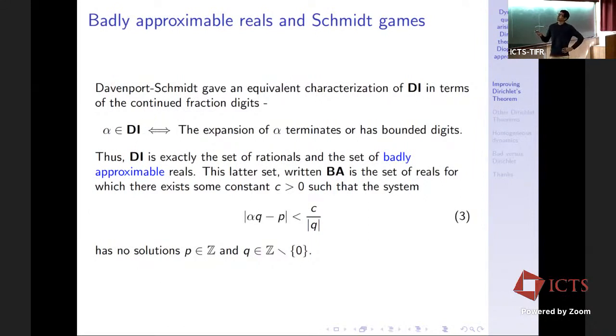Those numbers that have bounded digits in their continued fraction expansion are exactly the set of badly approximable reals that we've seen again and again, especially in Erez's talk. These are the numbers alpha for which there's some c greater than 0 such that this system has no solutions.